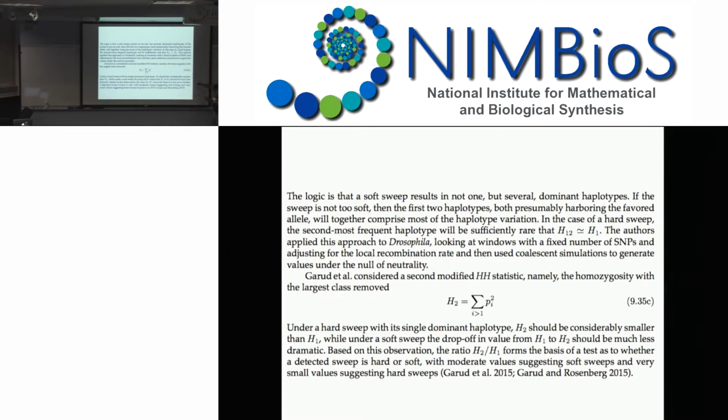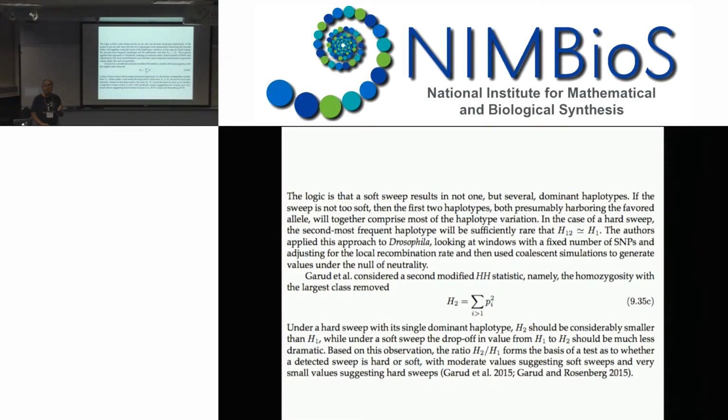So again, when I go through a lot of tests like this, it's a lot of information. So what should you take away? What you should take away is the basic rough idea, because you can go back and look these up. The rough idea is that by counting the frequency of haplotypes in your sample, I can look at the frequency of homozygotes, and therefore I can compute the chance that a random draw is going to give me two different haplotypes.